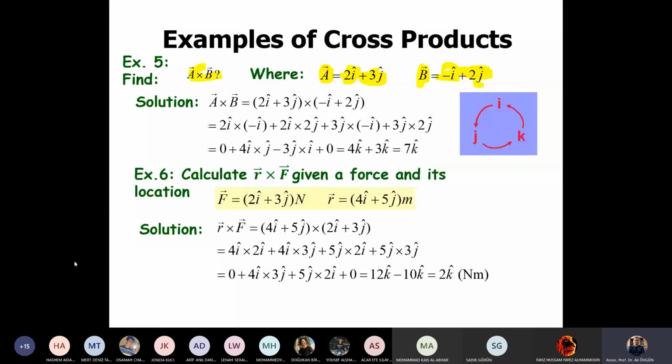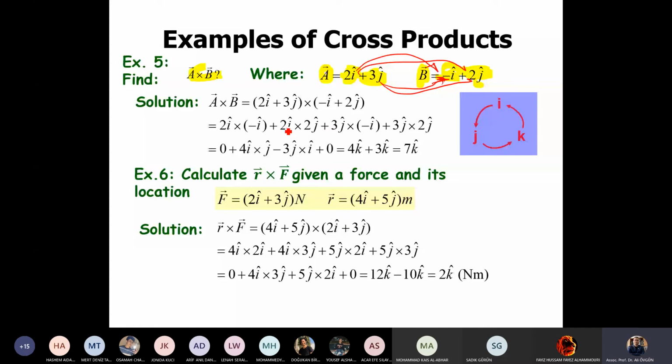First, like a normal multiplication, this one with this one, this one with this one, and then j hat with i hat, j hat with j hat. But from the rule of the cross product, we know that i cross i is 0, j cross j is 0.